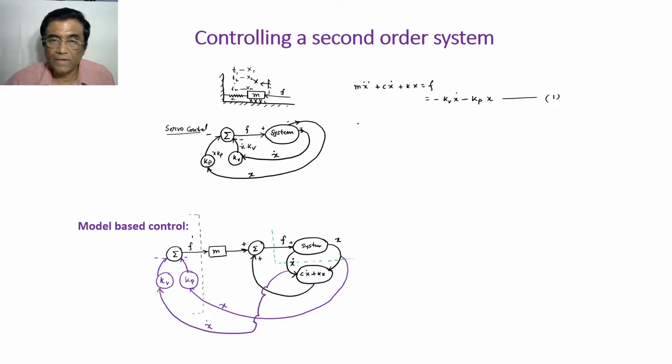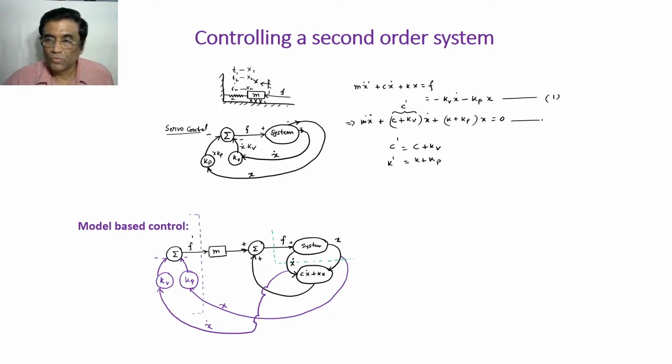Then if we take this, you are getting x double dot plus (c plus Kv) x dot plus (k plus Kp) x equal to 0. Kv and Kp, the gain parameters, are constants, and c is a system parameter. So let us call c prime equal to c plus Kv, and k prime equal to k plus Kp.